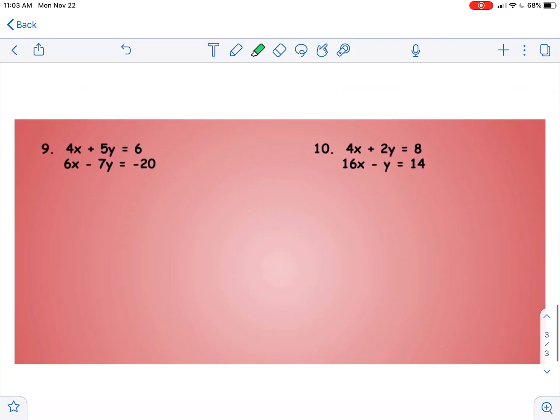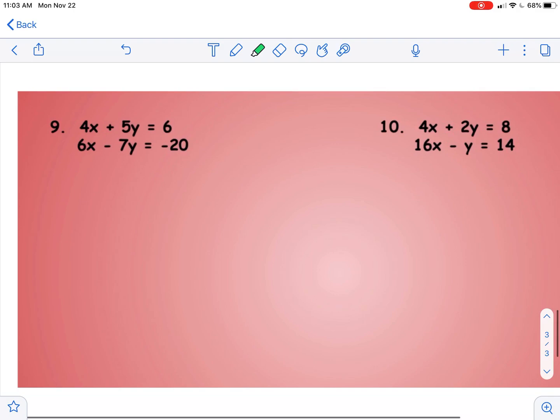Okay, we've got 2 more. So now we're looking at what happens when we don't really have nice numbers to work with, and we have to find 2 numbers that share a common multiple.